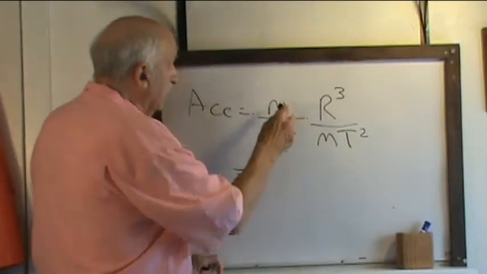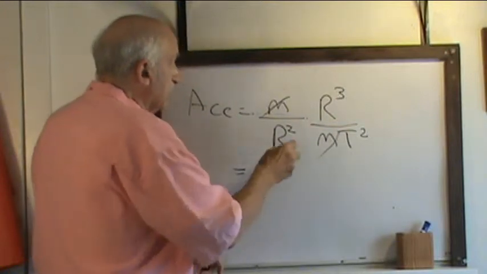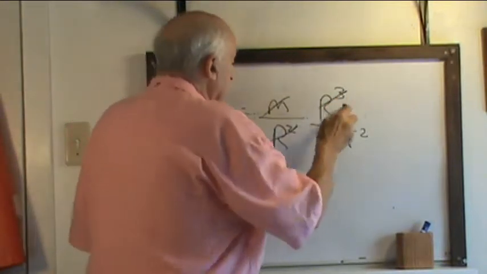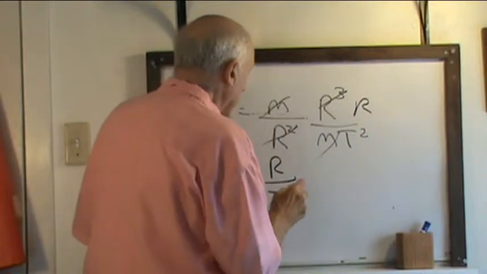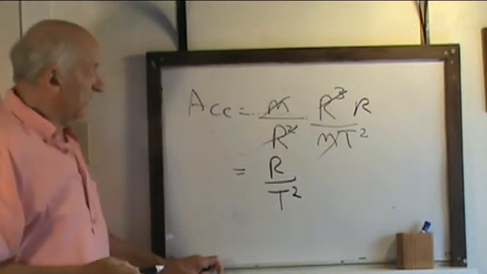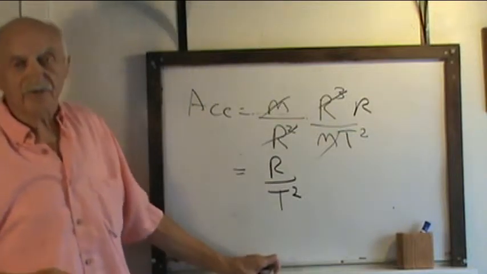Now if you now cancel those out, make that just plain r, you get r over t squared, which is interesting. It says the acceleration is proportional to the radius.